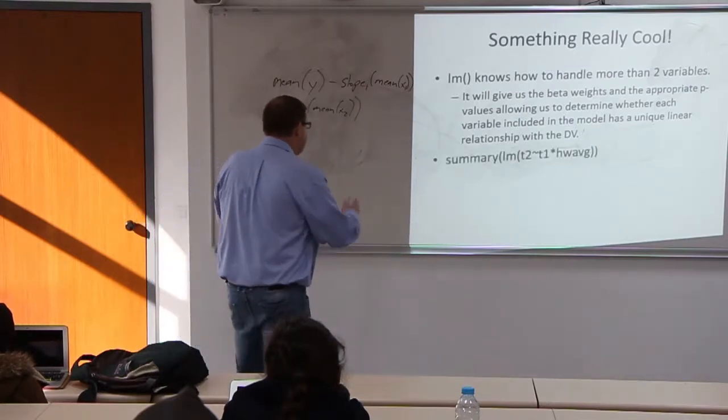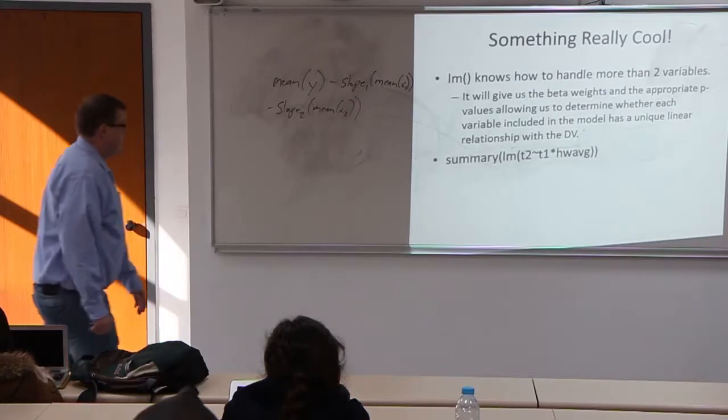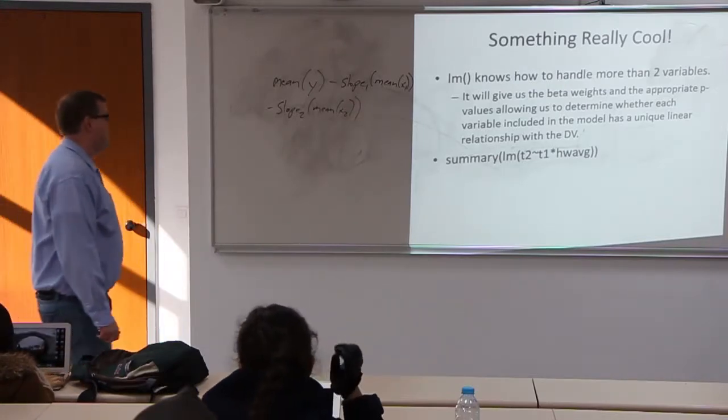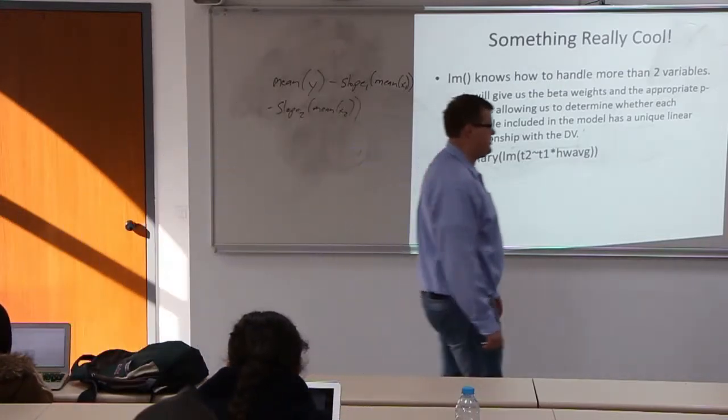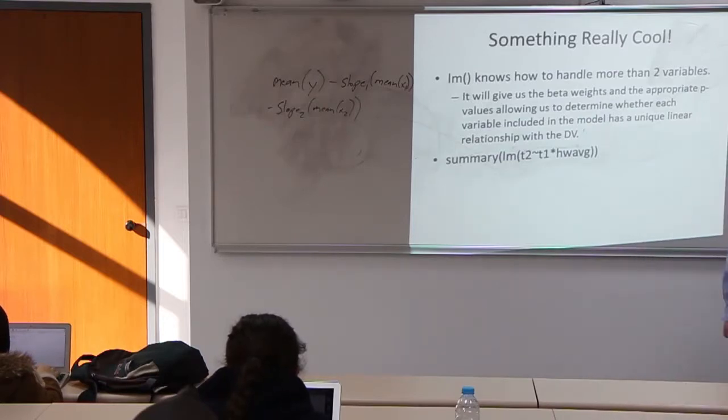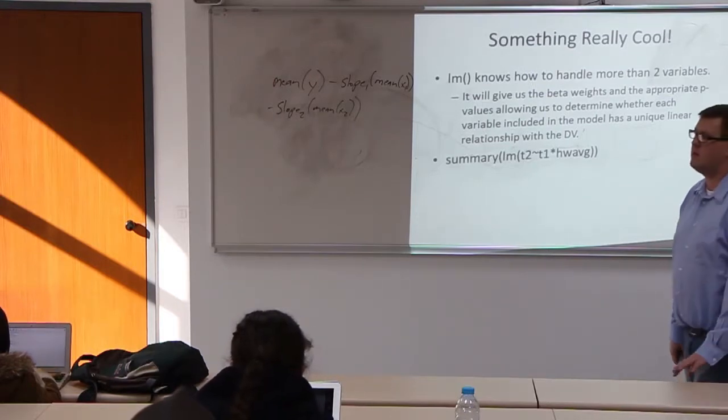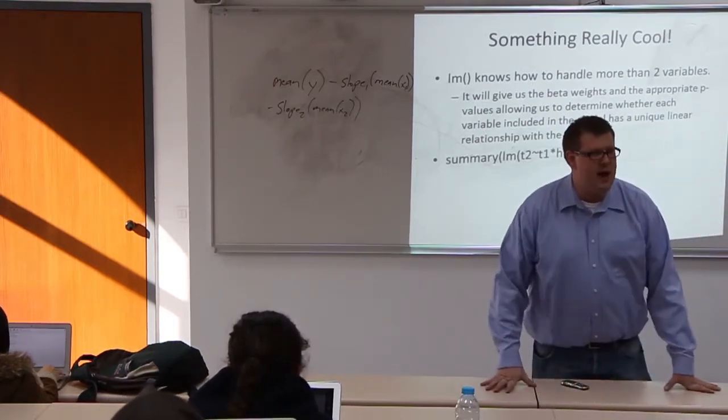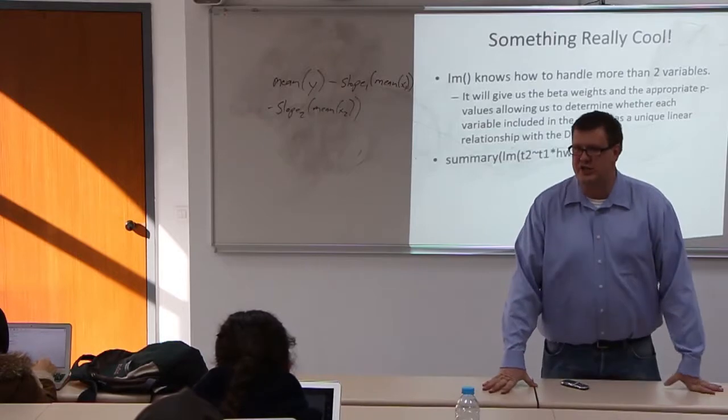All right, so do this. Summary, LM, T2 is a function of T1 times homework average instead of plus. The model depends on the research questions that you're asking.